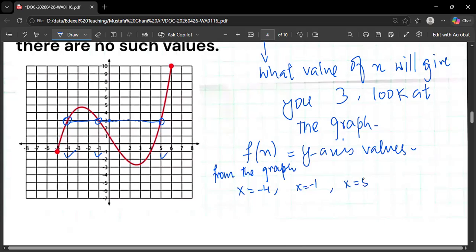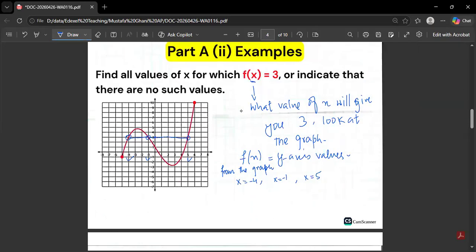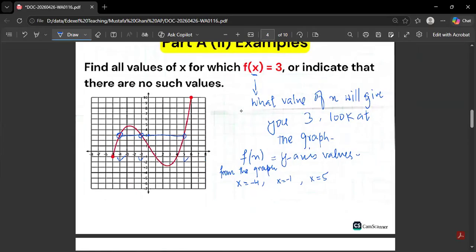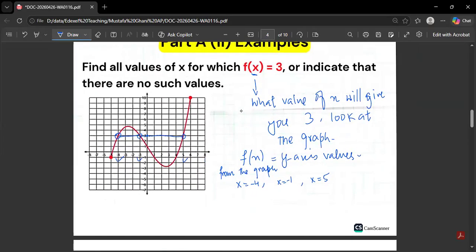Is this clear or not? Standing at x equal to 5, at x equal to -1, at x equal to -4, we are getting the same value, which is 3 on the y-axis, on the vertical axis, right? It's -4 because it's on the left hand side. Is this clear? Yes. These are the possible values.